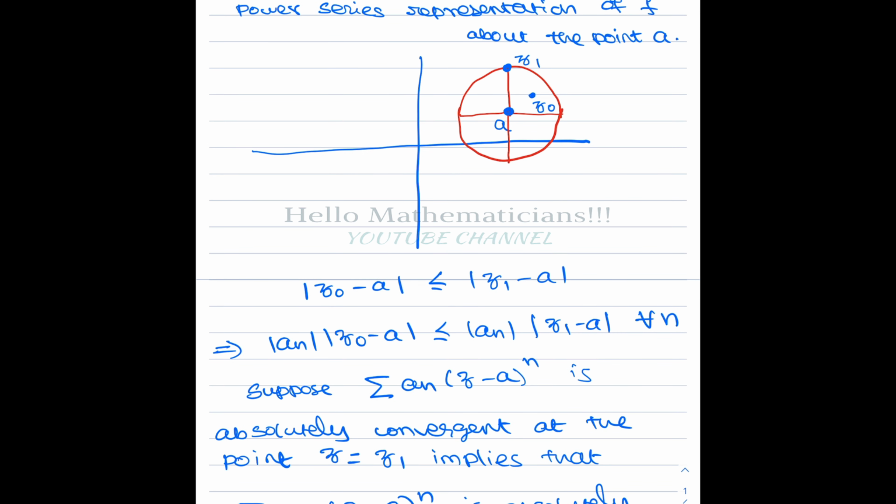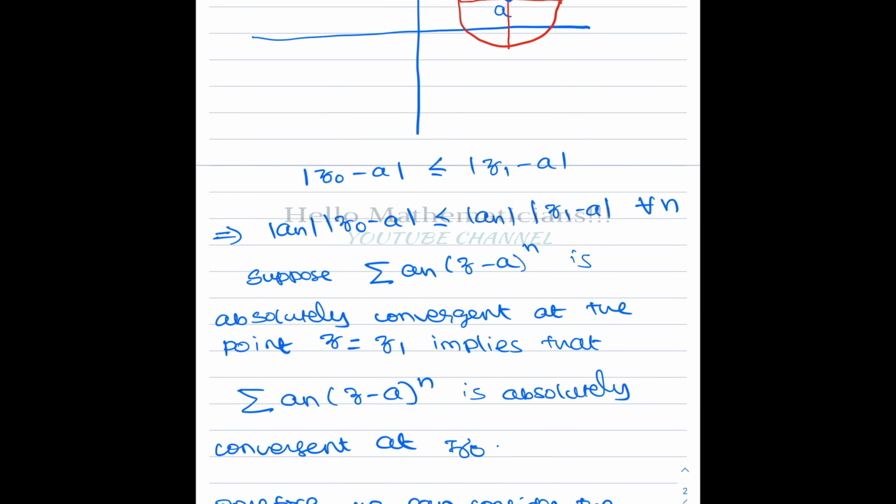We have modulus of z naught minus a less than or equal to modulus of z1 minus a. This is the distance between a and z naught, and this is the distance between a and z1. Now I multiply both sides by the non-negative quantity modulus of an. You can always multiply an inequality by a non-negative number, and the inequality will be preserved.